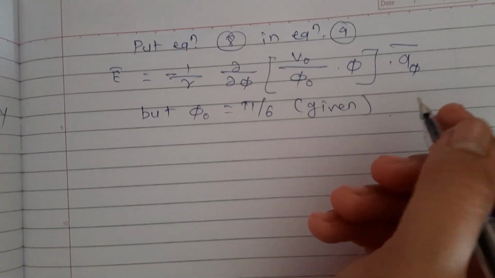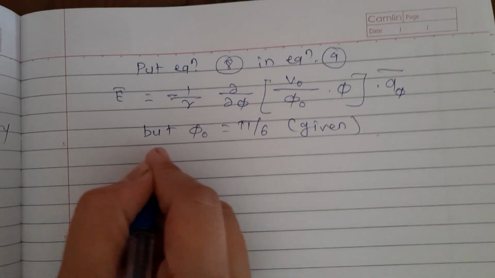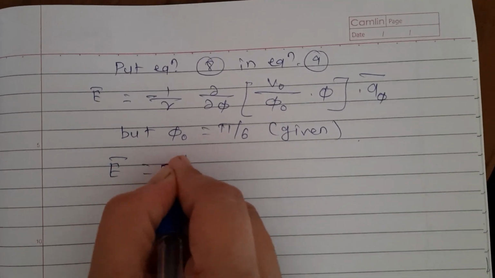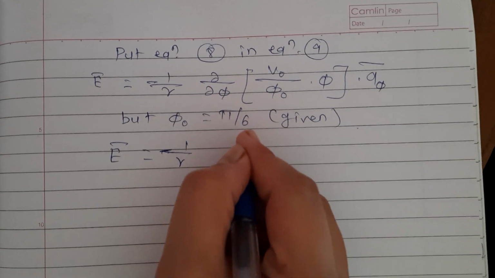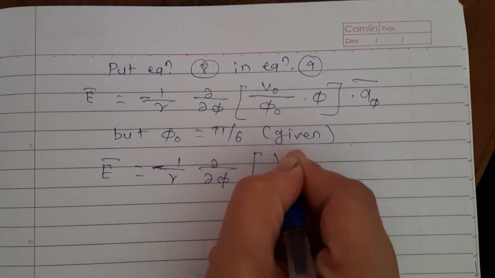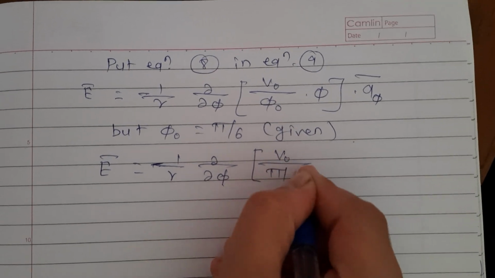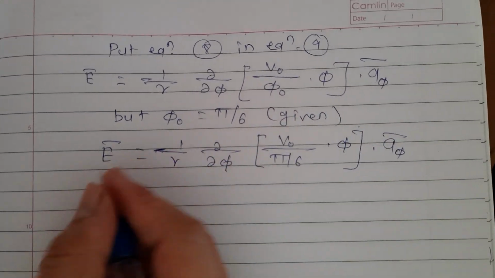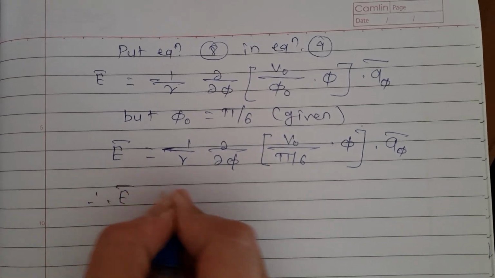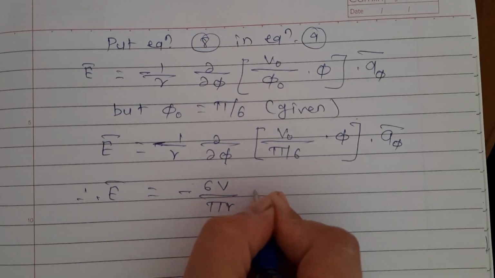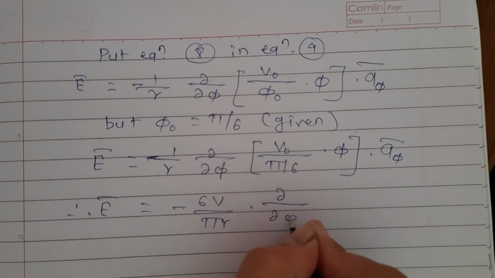So we can write E bar is equal to minus 1 by R d by d phi of V0 phi by (pi by 6).